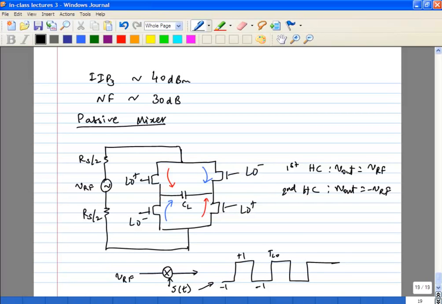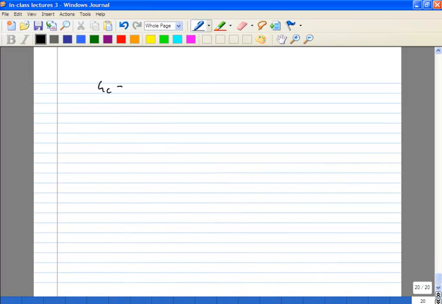Right? And we already know what the gain of this thing is. We've calculated the Fourier series of the signum function. The gain of the fundamental is 2 over pi. Remember that, right? So the conversion gain is going to be 2 over pi, which happens to be approximately minus 3.92 dB.